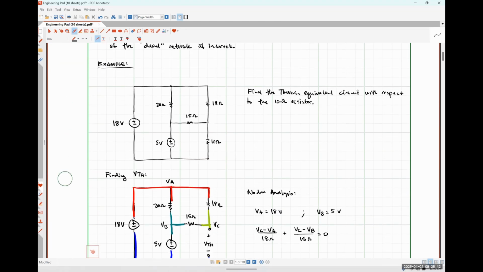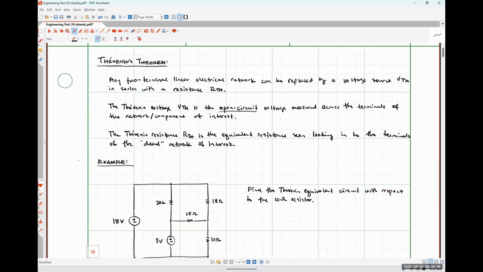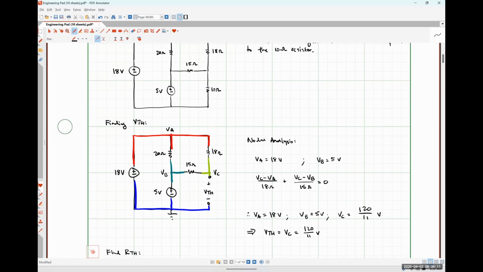So this might be beating a dead horse, but I'm going to go back to the definition. Thevenin's theorem says that we can replace any two-terminal linear electrical network by an electrically equivalent voltage source VTH in series with an electrically equivalent resistance RTH. As long as we follow these rules to calculate VTH and RTH, the whole point of this is to take this big network, which is connected to the 10 ohm resistor, and replace it with a voltage source in series with a resistor.